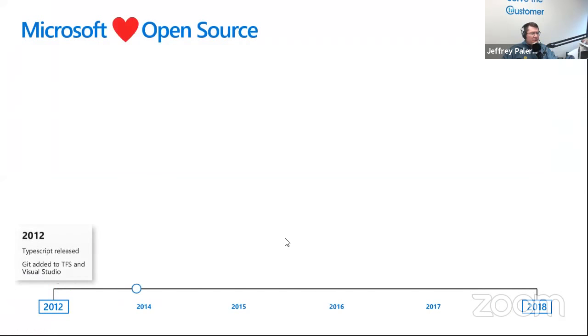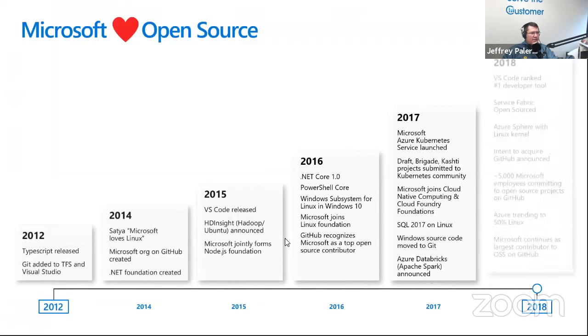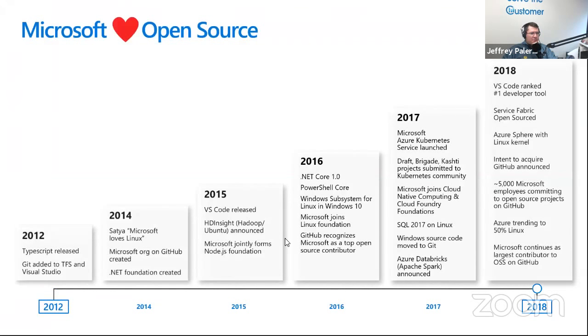There's a progression in open source from 2012 to 2018 that's pretty interesting, and I've kind of lived the whole gamut. I remember being in some sessions with the team behind Visual Studio Online, where they had TFS source control, and then a lot of people were adopting Git, and that was in 2011.